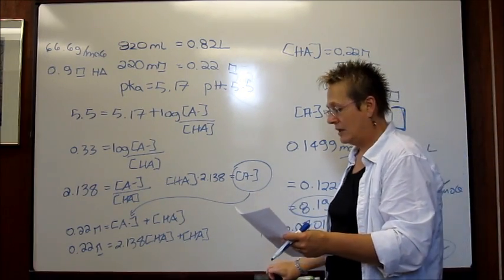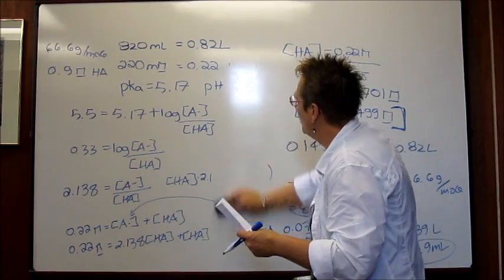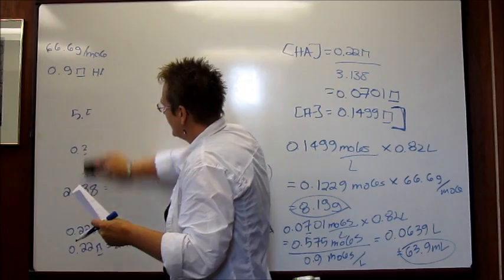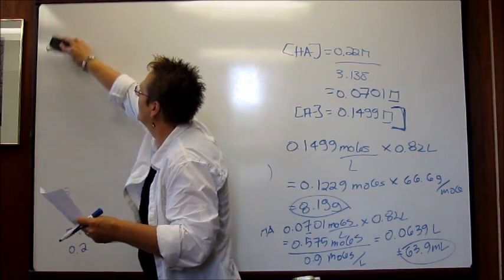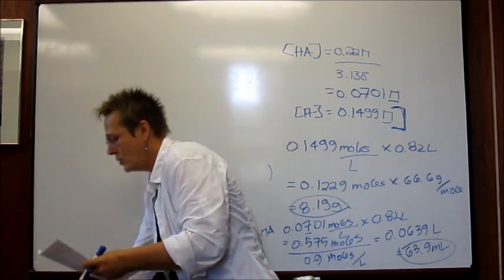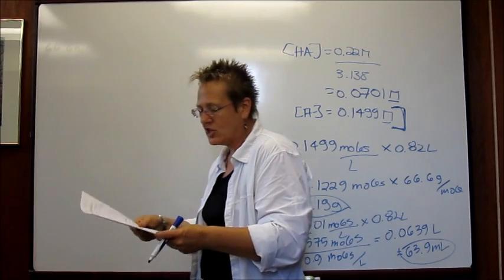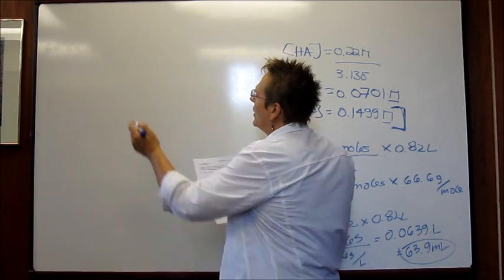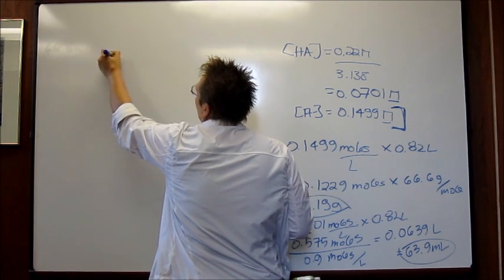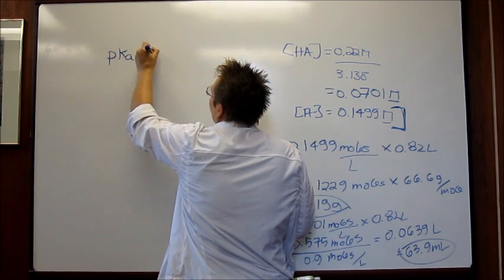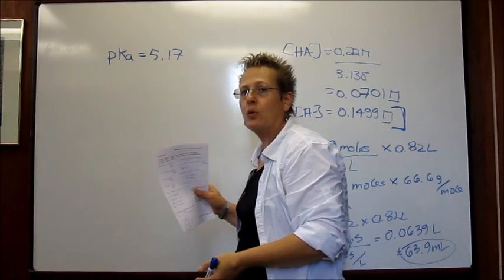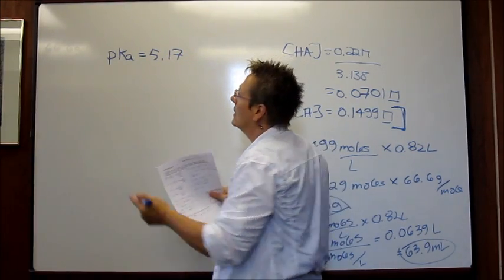Now just before we do the buffering capacity, I'll go over the bottom part of the page, which is a simple question: what is the pH of a weak acid solution? It said, what is the pH of the 0.9 molar acid used in part A? Well, the only given we have is that the pKa was equal to 5.17. So what we have to figure out here is just what is the Ka?